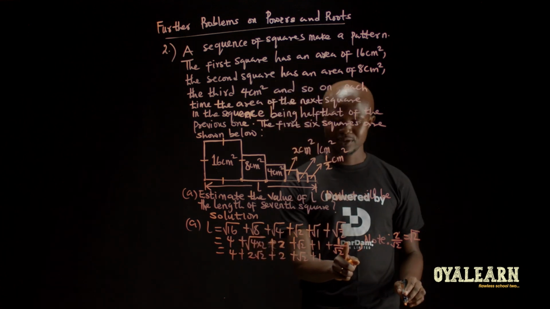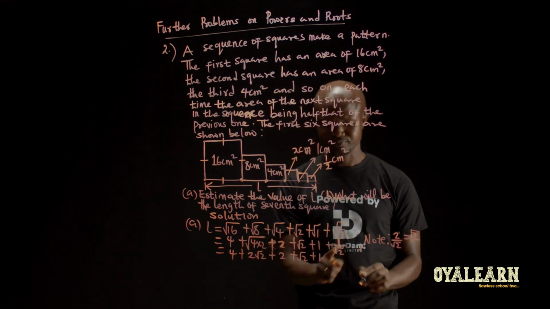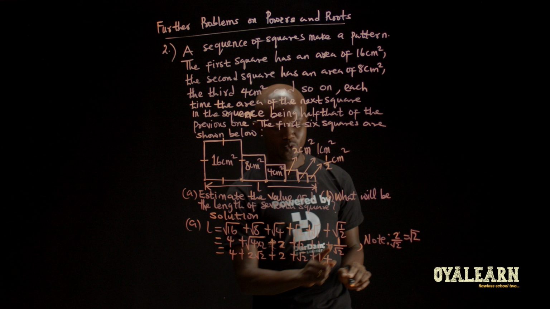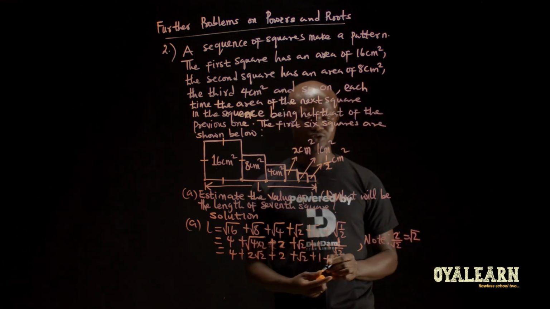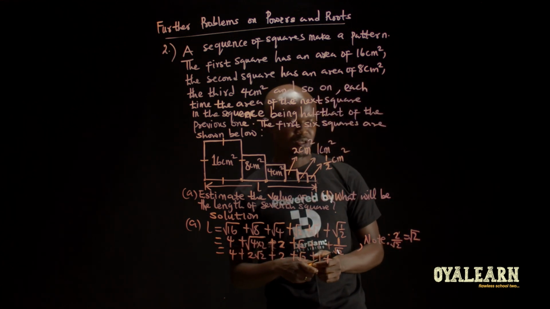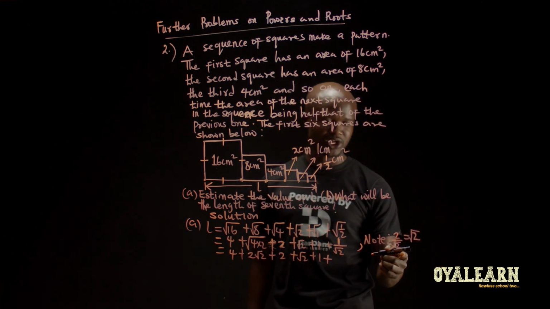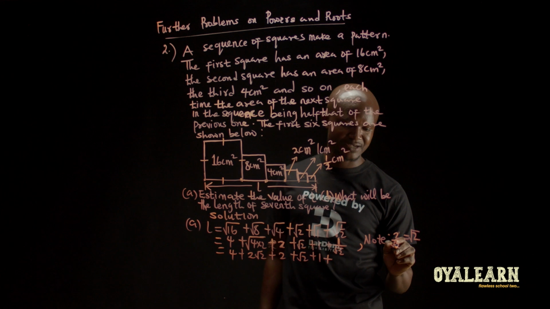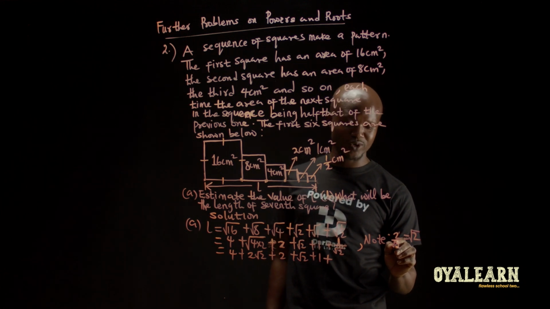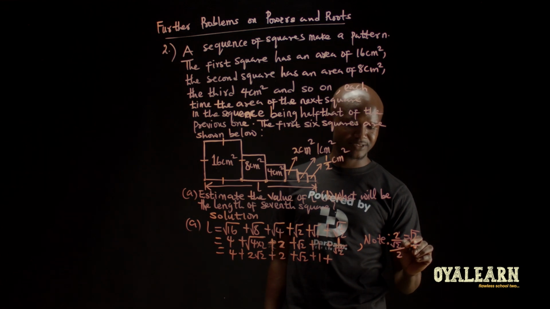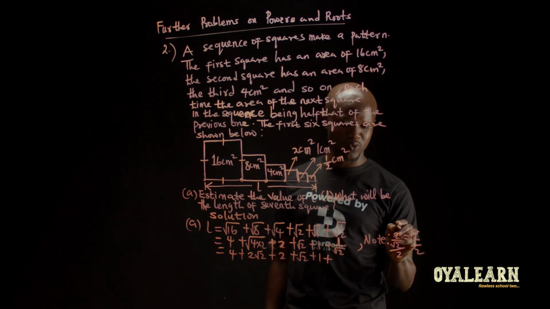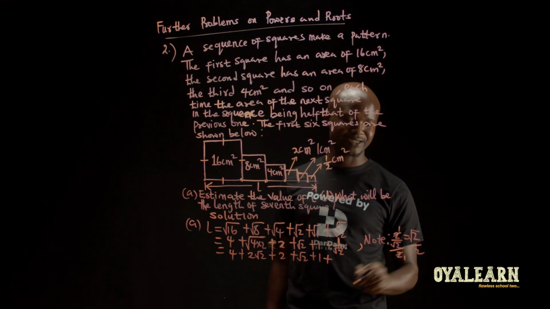And now, we have 1 over root 2. And if we divide both sides by 2, 2 here 1, 2 here 1.